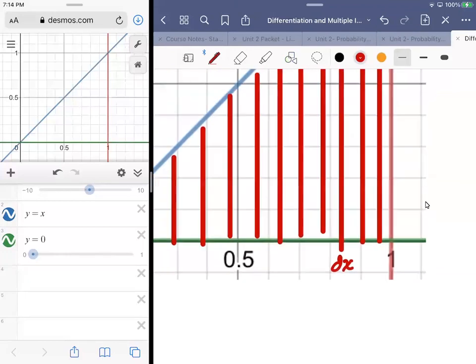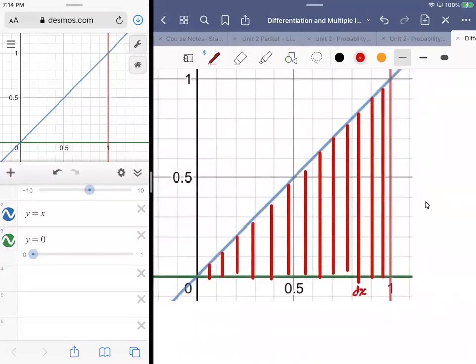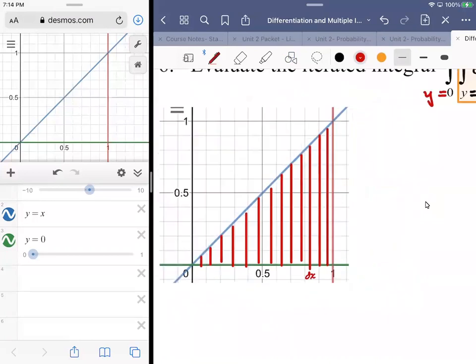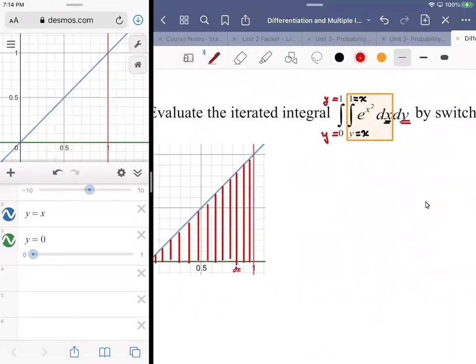So what it's going to do is collect all of those rectangular areas and add them together. And really, when we're getting those rectangular areas, it's multiplied by z equals e to the x squared. So it's giving you the height. You have to imagine that this is a top-down view of the base region.